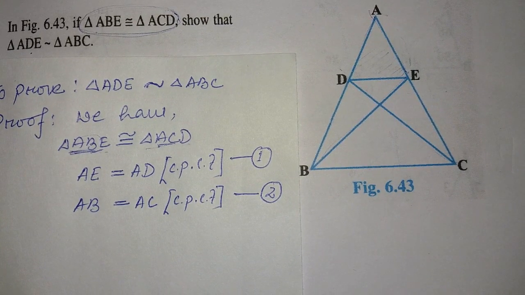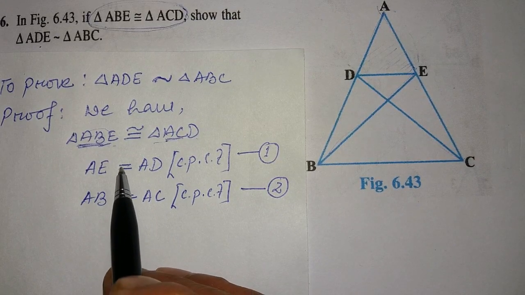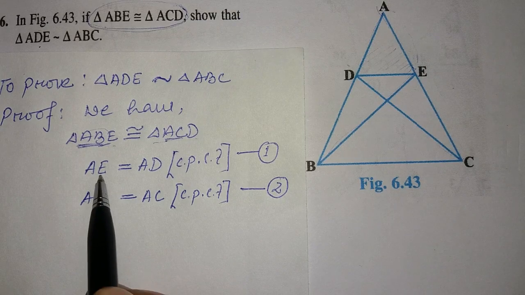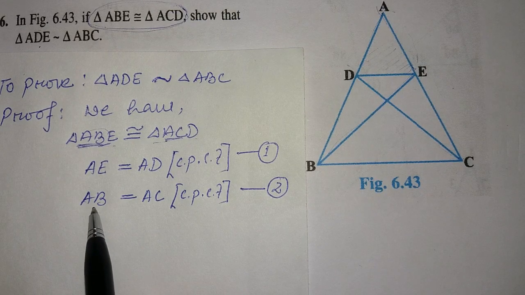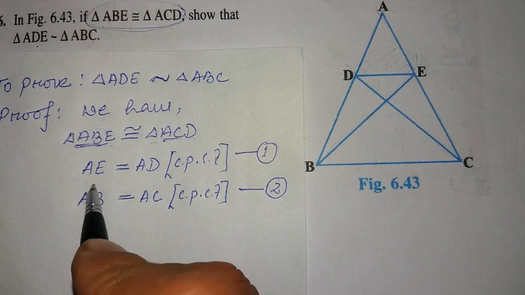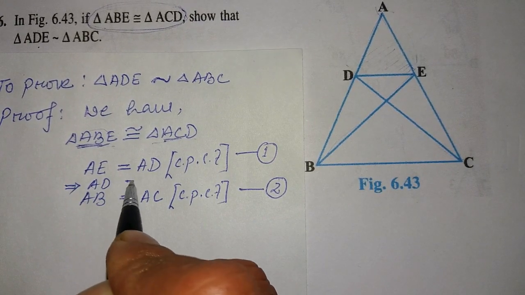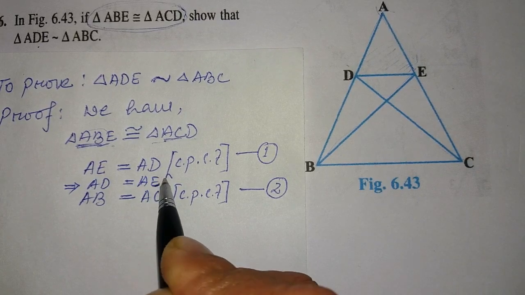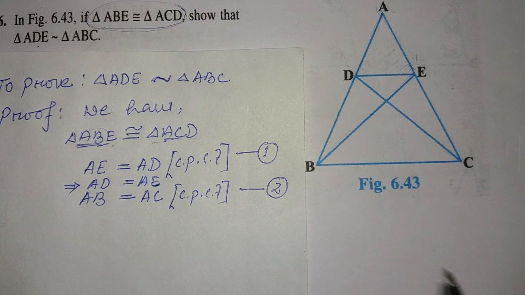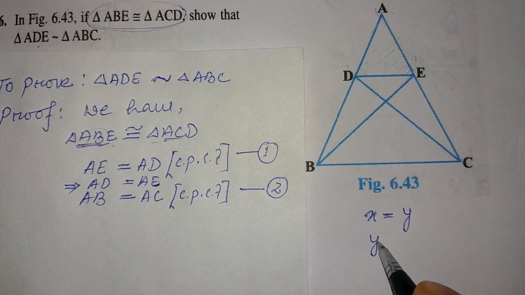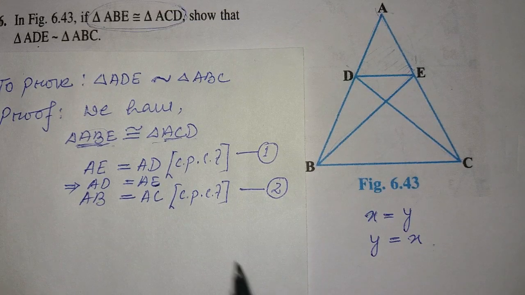Now if we divide these two equations, equation 1 by 2, then we will get AE by AB. Okay, let's do something here. We can write AD is equal to AE. For example, if X is equal to Y, you can write Y is equal to X. It doesn't make any difference.